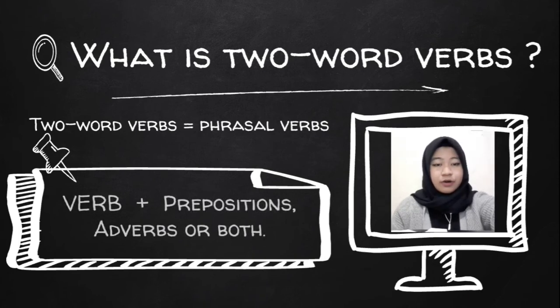The structure of the phrasal verb is the first word is always a verb, and the other words are either prepositions, adverbs, or both. Phrasal verbs can be used like any other verbs.